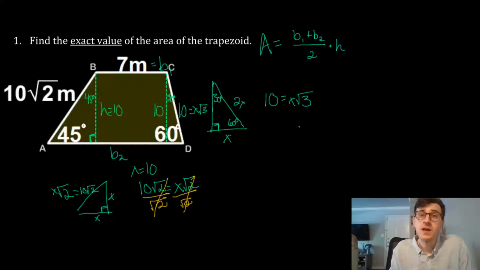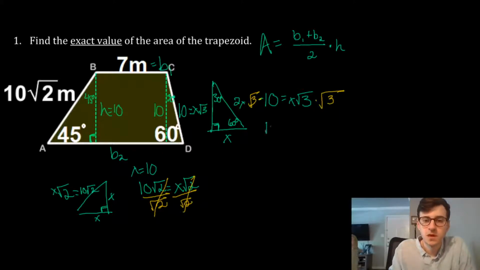There's a lot of different ways you could do this. I would probably recommend, what if we multiply both sides by the square root of 3? So if I multiply this side by the square root of 3, and this side by the square root of 3, that leaves me with 10 root 3 equals, well, the square root of 3 times the square root of 3 is just 3.